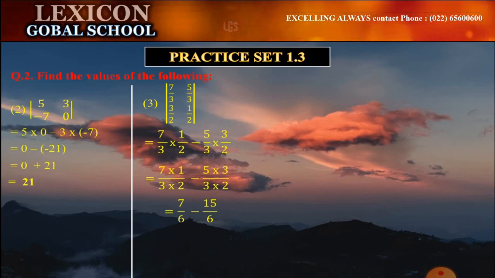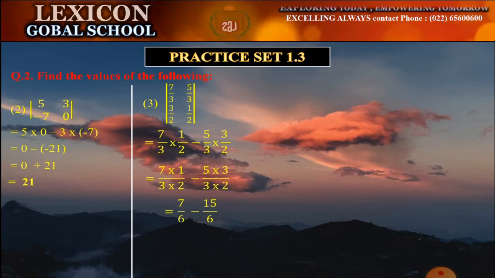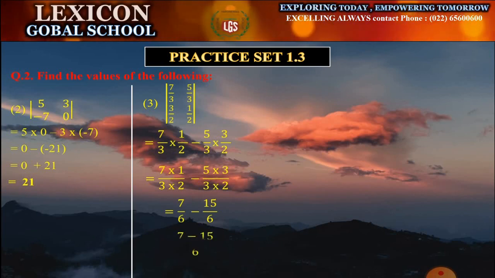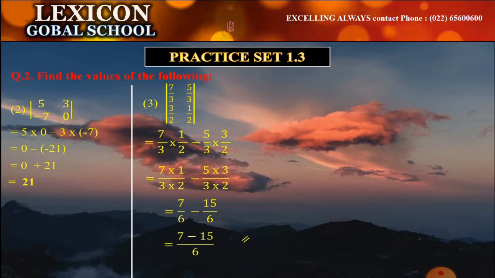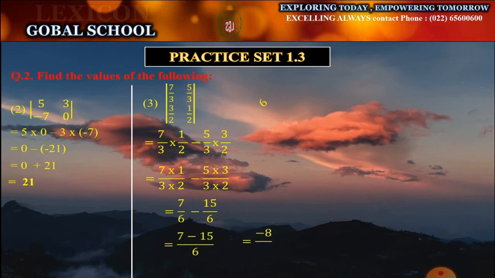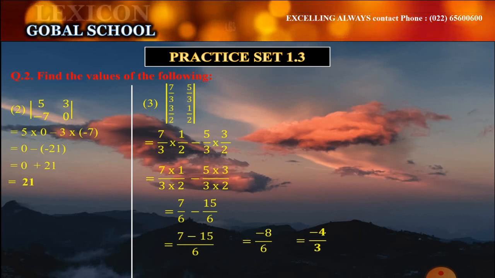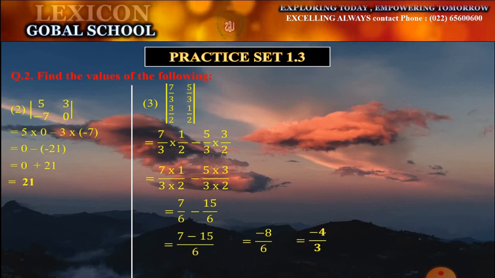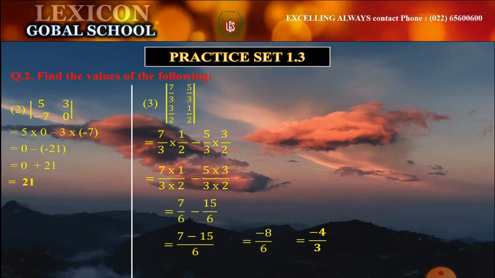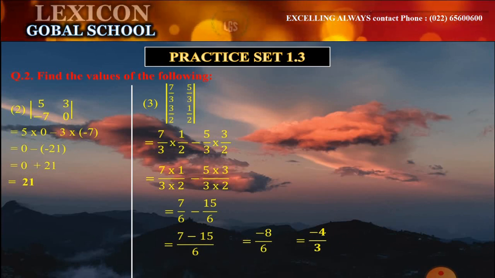We have a common denominator, so we can directly subtract the numerators. 7 minus 15 upon 6, which gives me minus 8 upon 6. When we further simplify it, we get minus 4 upon 3. This is your final answer.